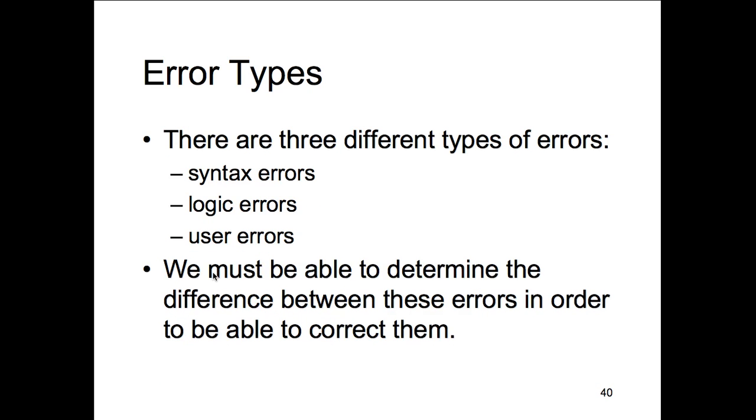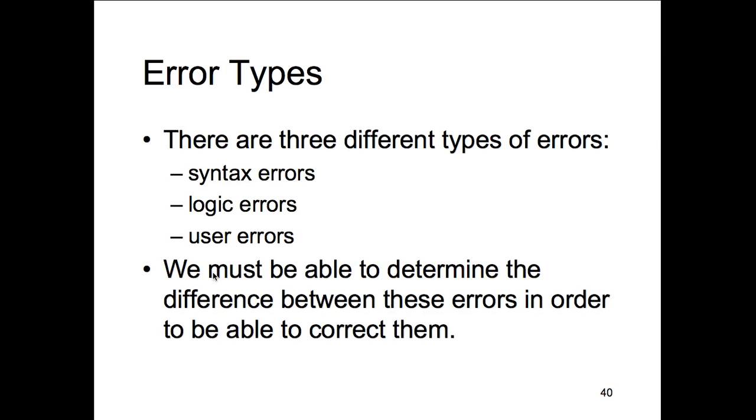So we have different error types that occur. There are three different types of errors: syntax errors, logic errors, and user errors. With JavaScript, working with forms and processing this type of information is very error-driven, more so than regular programs, because users will not follow what they're supposed to do. So you have to accommodate all of the things the user could possibly do to your page.